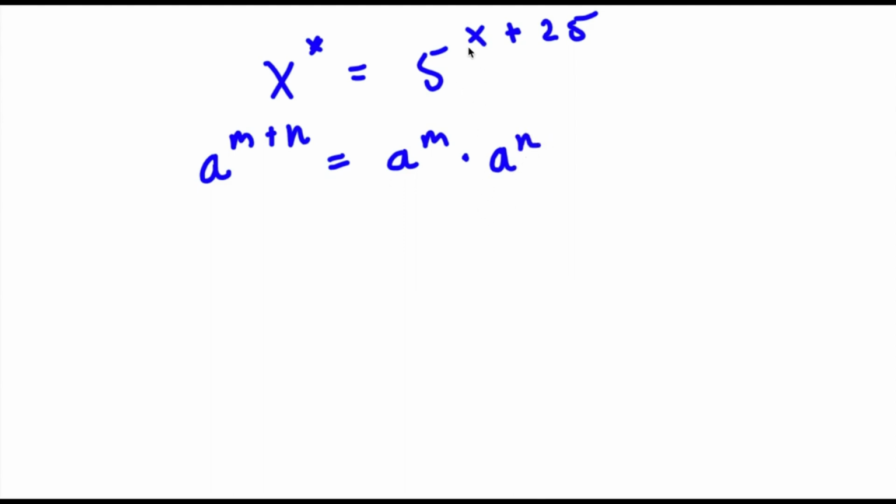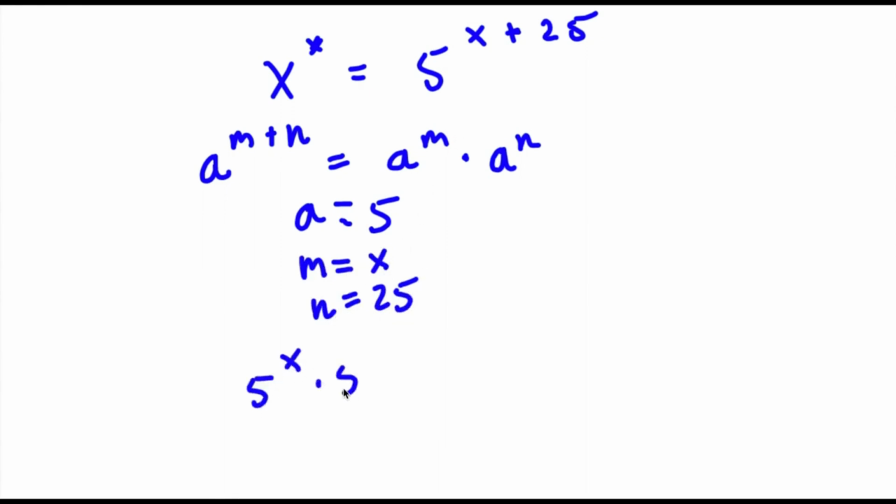So in this case, we have 5 to the power of x plus 25. We can think of a as 5 here, m as x, and n as 25. So now we have 5 to the power of x times 5 to the power of 25.